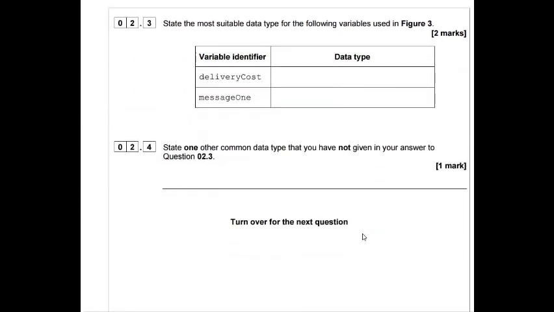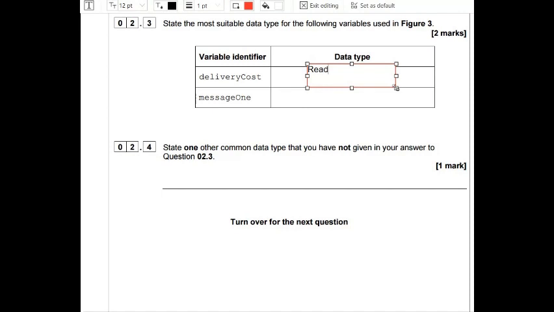Okay, let's say we want to state the most suitable data type for the following variables in figure 3. So the most suitable data type, so if we got delivery cost, that is going to be a real, which you can also have float, or you can have decimal.